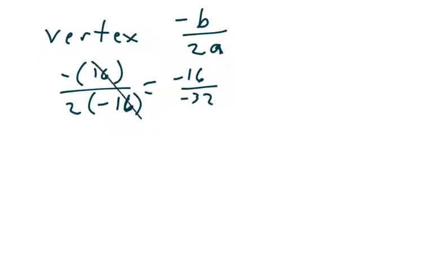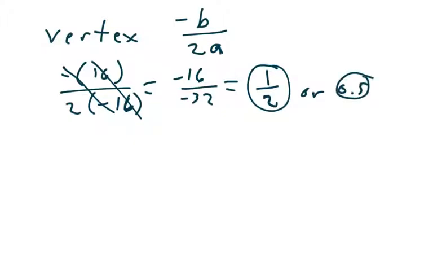Some of you would want to simplify here, but any way you do it, you're going to end up with positive 1/2, better known as 0.5 seconds. So we just figured out it took him 0.5 seconds to reach the highest point he's going to be in the air before he falls down into the water. And so that's basically the answer for question A.